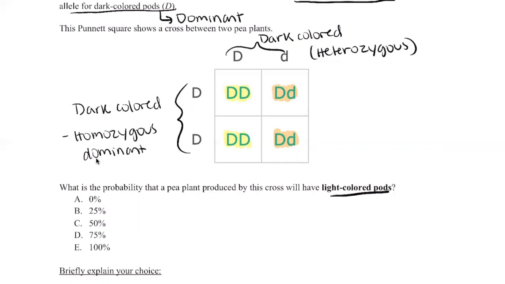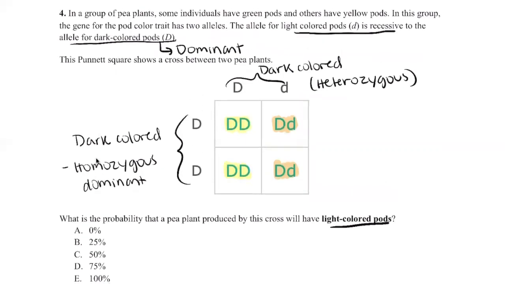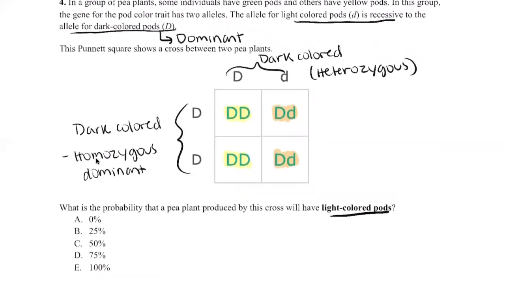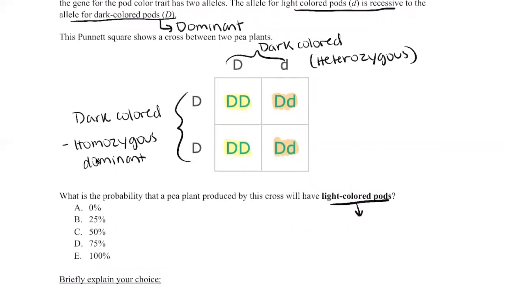So remember that we said in the question that light colored pods are the recessive trait. Having light-colored pods would mean that you would have to have an offspring that has a lowercase d and a lowercase d. But do we have that here? Do we have a possibility where we have two lowercase d's? No, we don't. So the probability of having a pea plant that has light-colored pods when they have two parents that have these combinations, again, is 0.